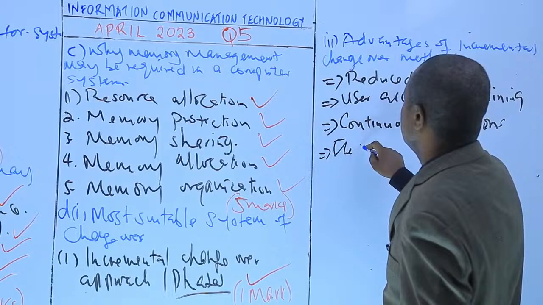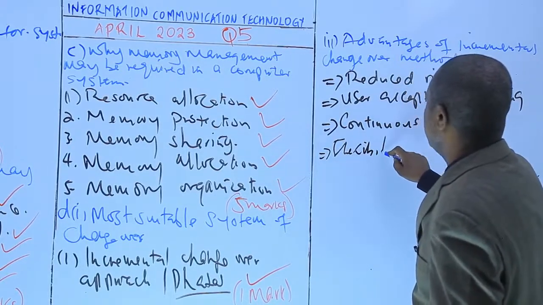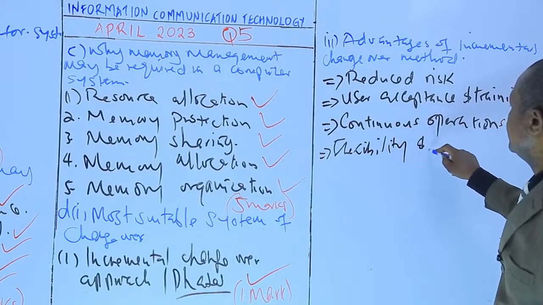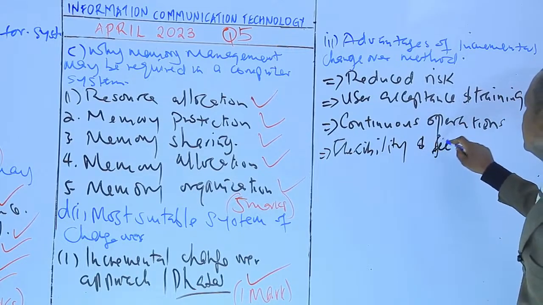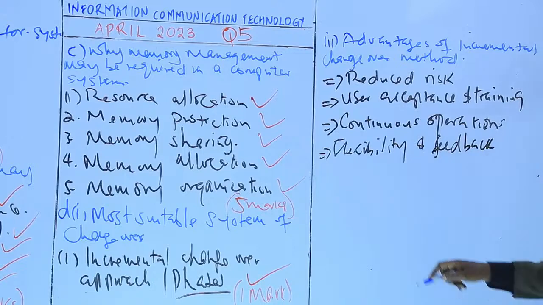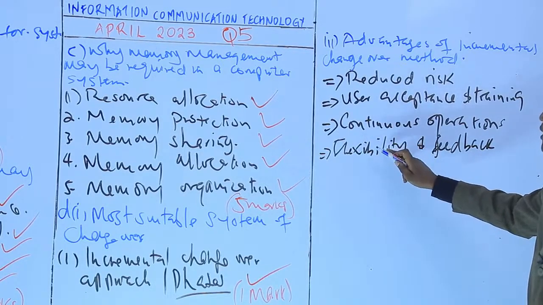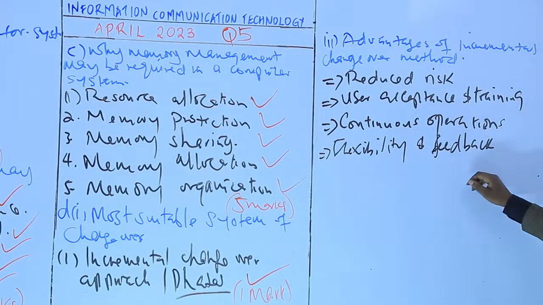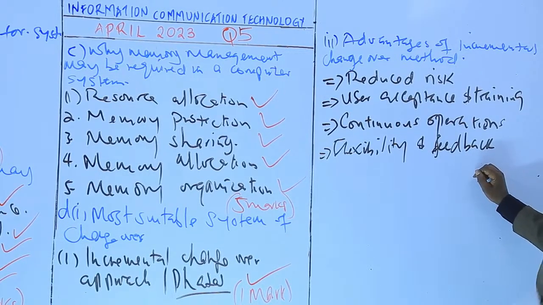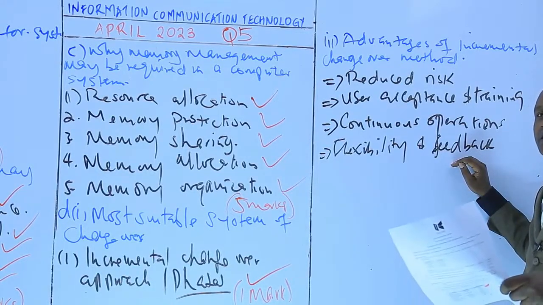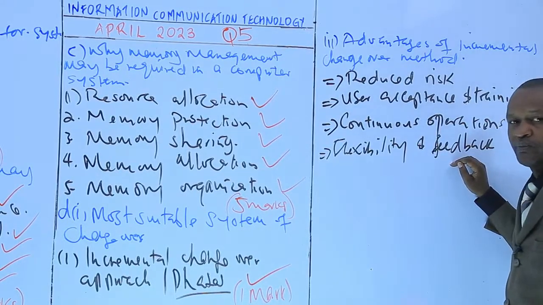Fourth, flexibility and feedback. The incremental changeover approach allows for flexibility and also feedback during each phase of implementation.